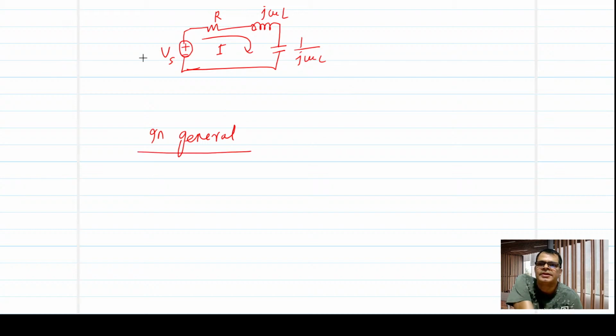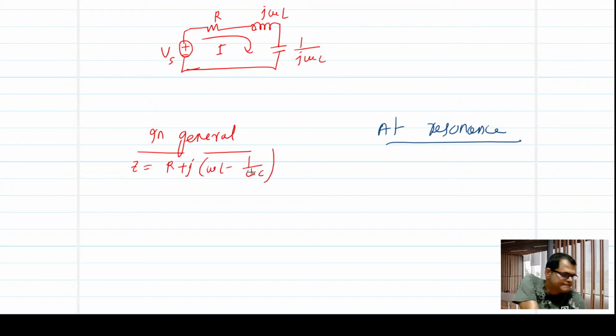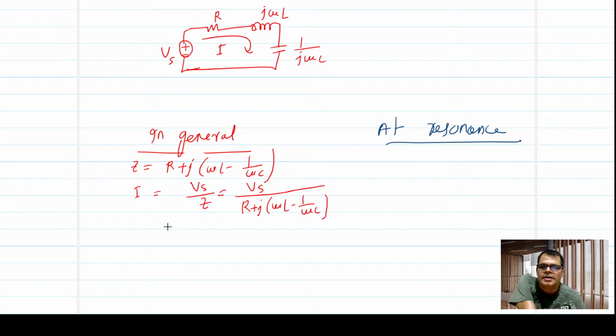In general, I is equal to Vs upon Z, where Z is the impedance, Z is equal to R plus j omega L minus 1 upon omega C, and I is equal to Vs upon Z, which is equal to Vs upon R plus j omega L minus 1 upon omega C.